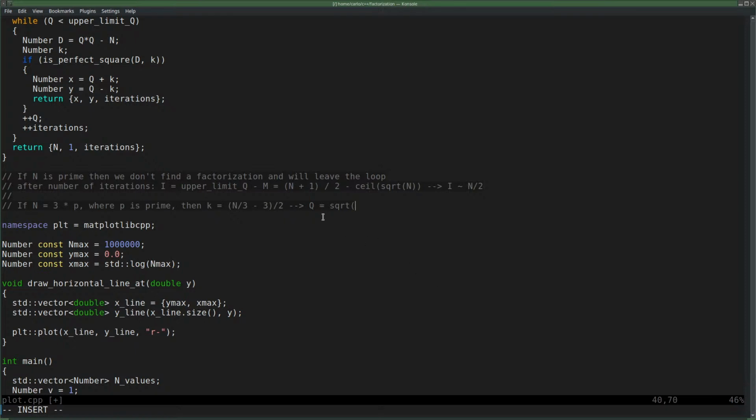Here's the square root of q squared, which is d plus n, where d is the square of k.